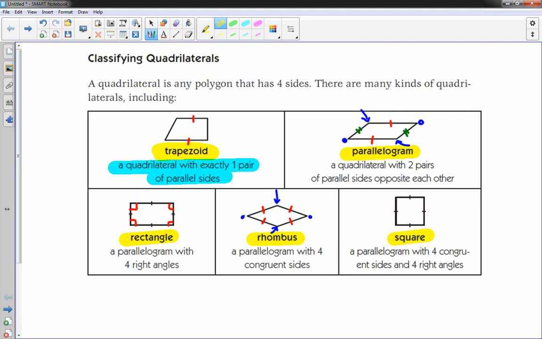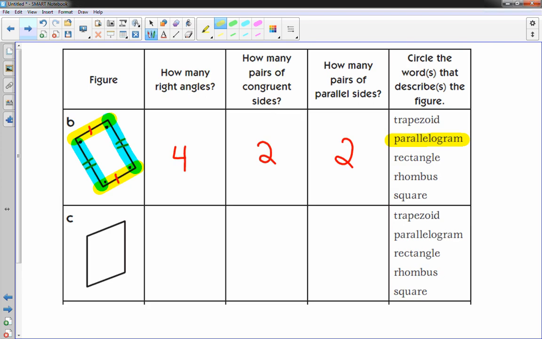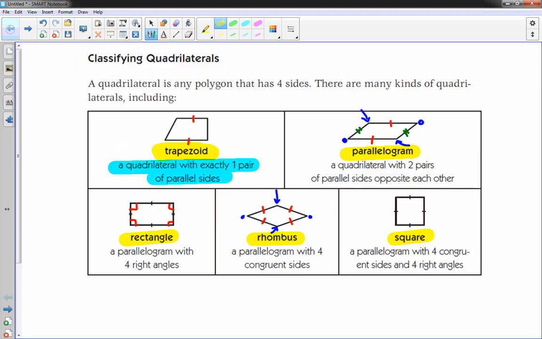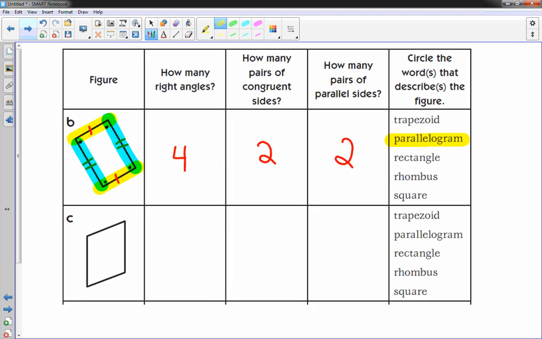It meets that definition. So we're going to call it a parallelogram. And it also meets the definition of a rectangle. If I go back to that, it's a parallelogram, which it is, with 4 right angles. It does have that. So I'm going to call it a rectangle as well.